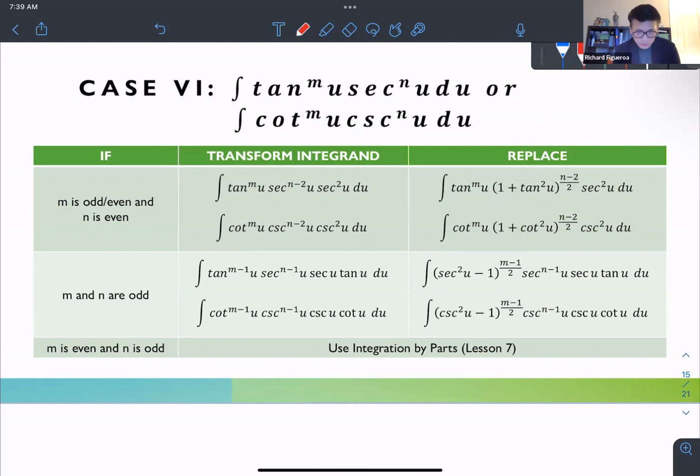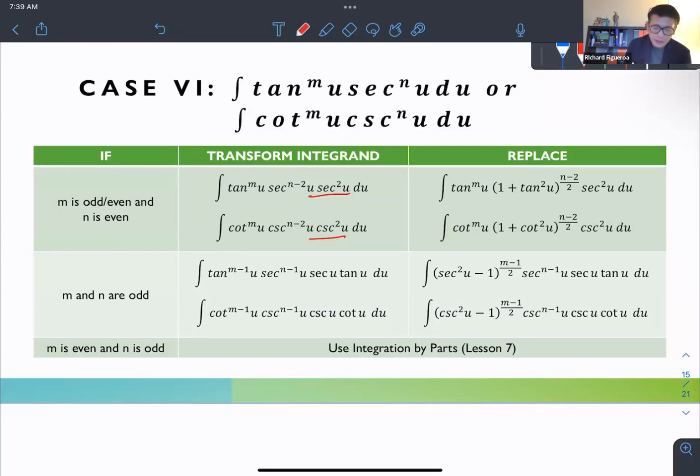So we subtract 2 from the secant, so that we have secant squared. And the same goes for cosecant. It's still the same thing. Afterwards, this is actually the same as case 5.